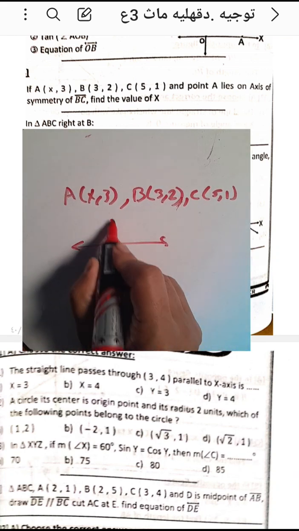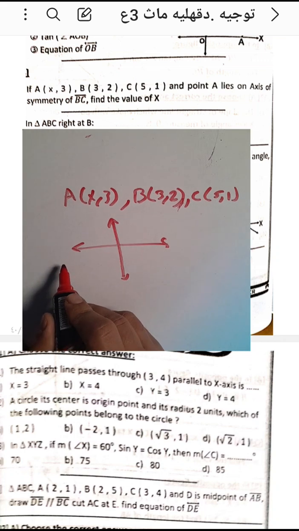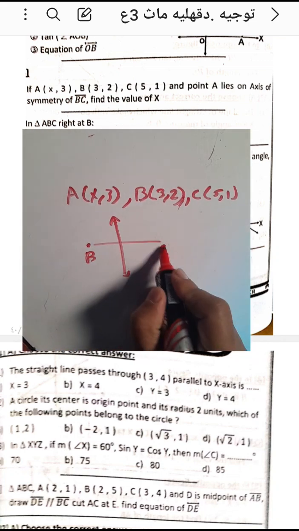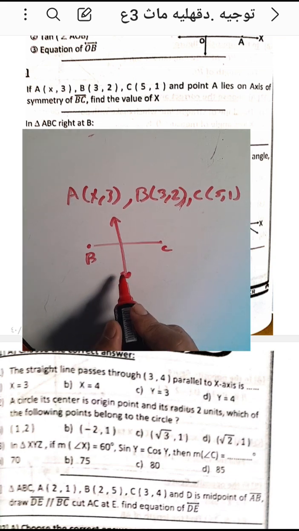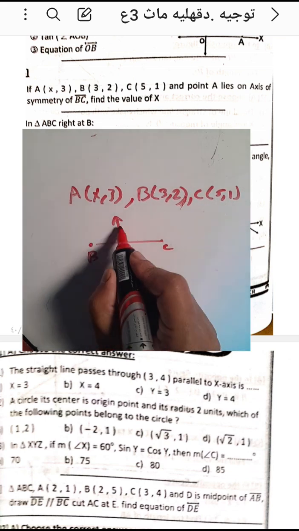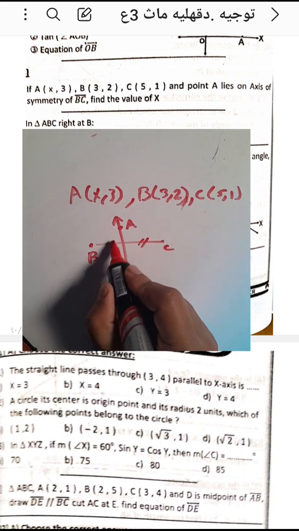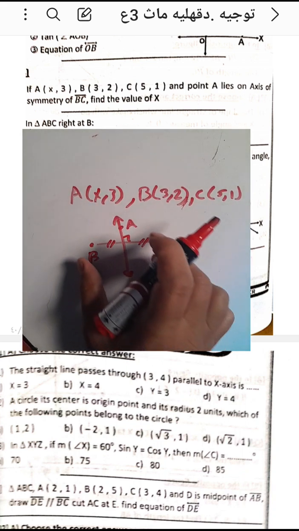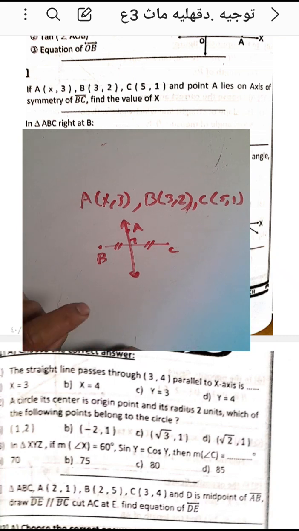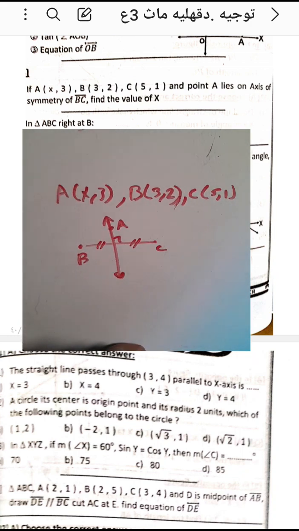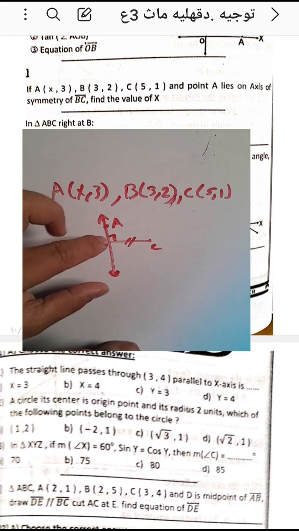We have the axis of symmetry of BC, the straight line B and C, and the point A lies on the axis of symmetry of BC. It means this straight line will be perpendicular to BC. So you can find the slope of BC, then invert the fraction and change the sign to find the slope of this straight line passing through the point A.